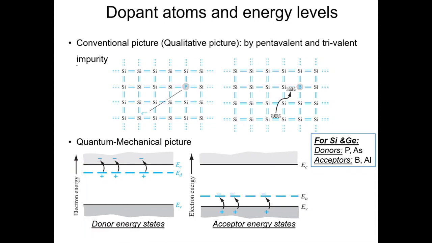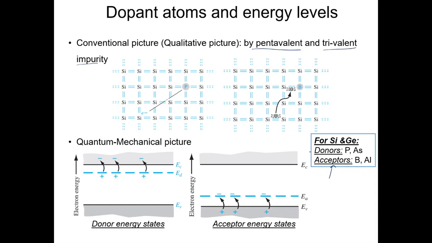Now, these impurities depend on what we are doping the material with, but if we talk about silicon, we often want to make the material N type or P type. So if you want to make N type, we basically use donor type impurities or pentavalent impurities, and if we want to make P type, we usually use acceptor type impurities, which are trivalent impurities.